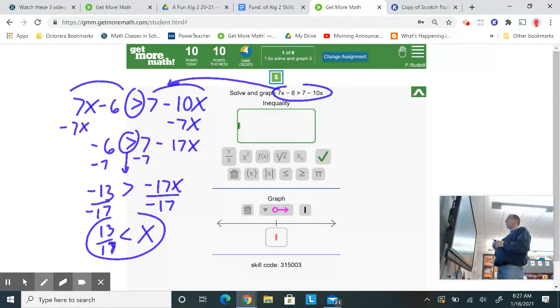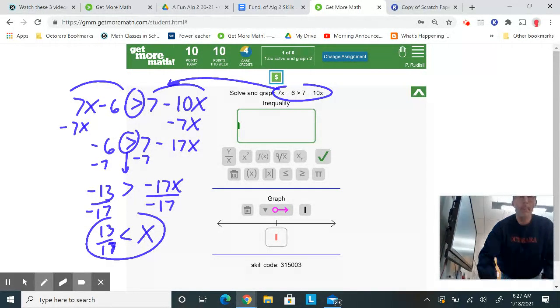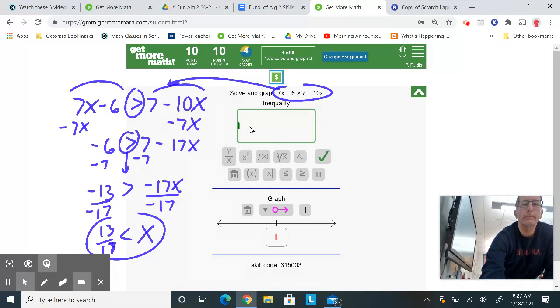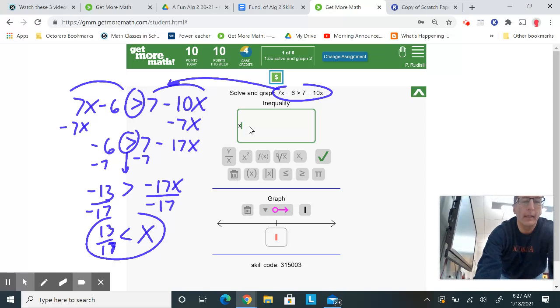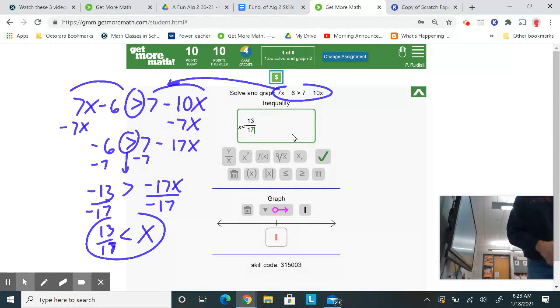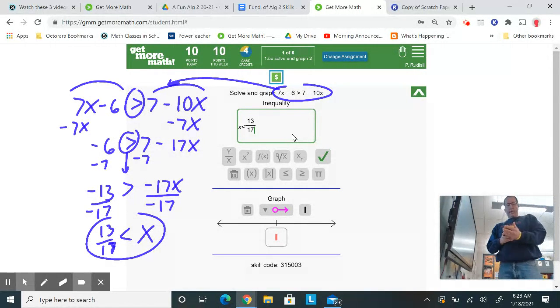However, I'm going to type it so the x is first. So let me type in x. I want a less than sign. It looks like this fraction, 13/17. Before I tap, I would take my calculator and tap in a check step.